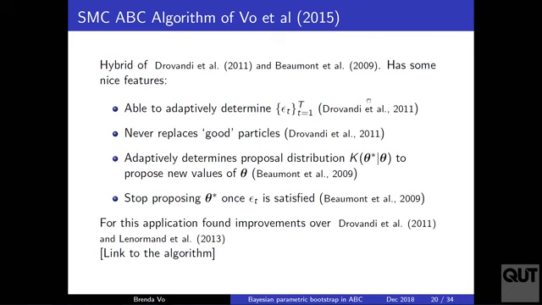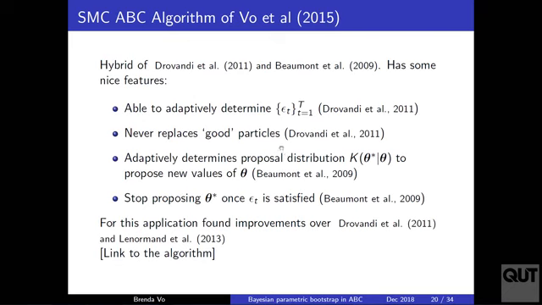So in this paper, we slightly modify the SMC ABC in Giovanni 2011 and Belmont 2009, which have some nice features: we automatically determine the epsilon t as in this paper, and we don't replace the good particles.